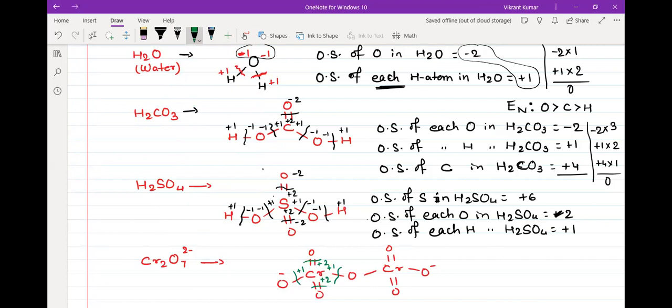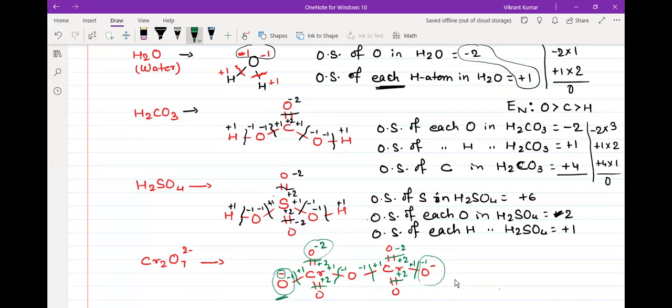We have got total +6. If you break this bond, this is getting -1 from this side, -1 from this side. This will get +1, +2, +1, +2. This will get -1, this will get -2, and this will get -1. Now, one thing is visible: each Cr is getting +6 oxidation state. Can we say each oxygen is getting -2 oxidation state? Yes, sir. What about the terminal ones? They are getting -1. This one is -1. This one is -2, right? Okay, this is not getting -1. This is also getting -2 only.